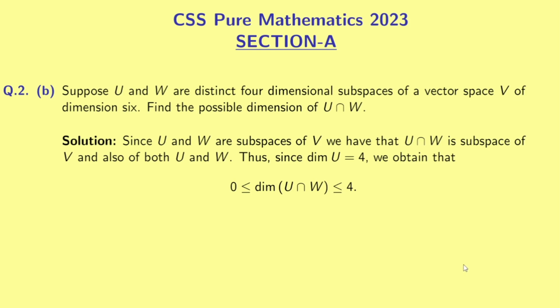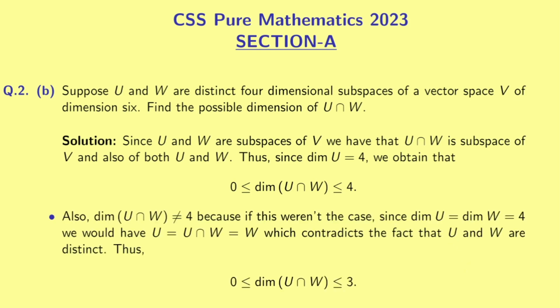Now let's see that, in fact, it cannot be 4. The dimension of U intersection W cannot be 4 because if we had this, since the dimension of U and the dimension of W are 4, and U intersection W is a subspace of both spaces, we would have U equals U intersection W equals W. But our assumption is that U and W are distinct vector subspaces of V. So we cannot have the dimension of U intersection W equal to 4.